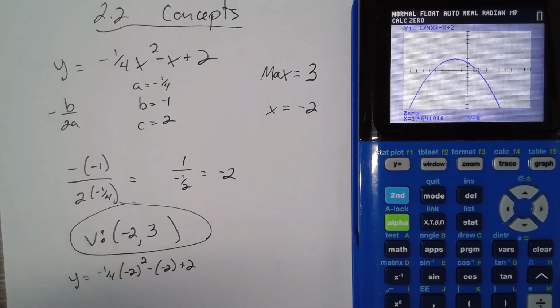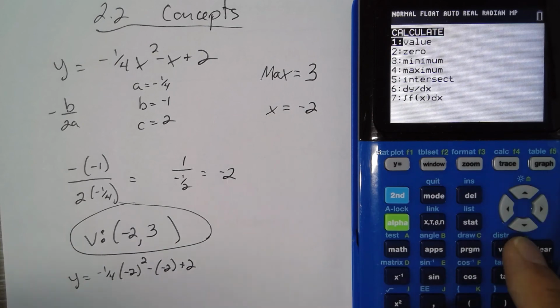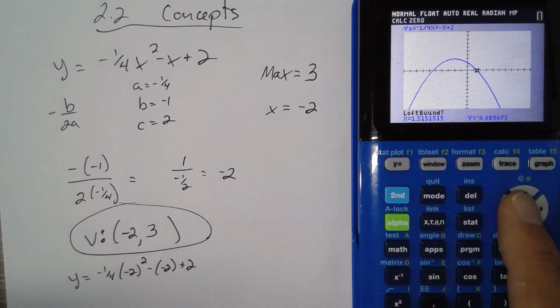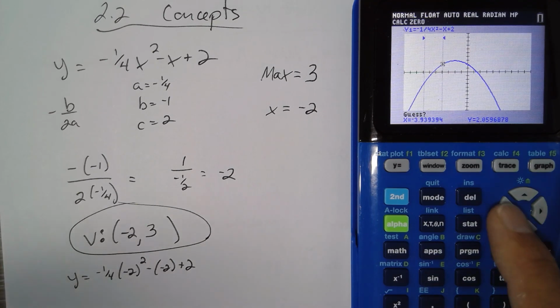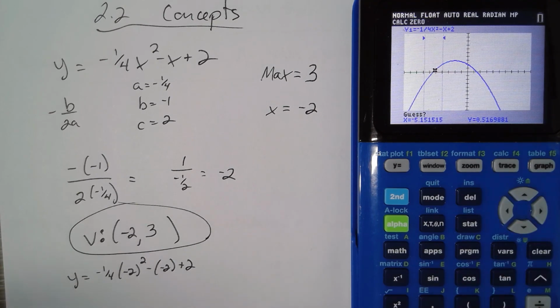That's my one x-intercept. You could go over here and do it again. Second calculate, zero. We're going to have to move our cursor to the left side there. Hit enter. Go on the right side of the x-intercept and then put a guess, and I get negative 5.46. So those are some of the things that you can do on your calculator right now.